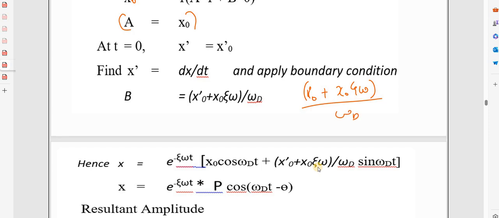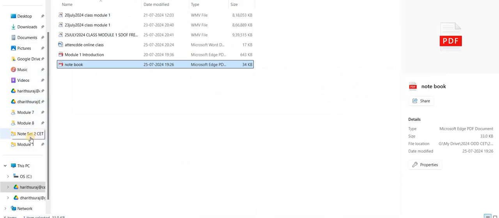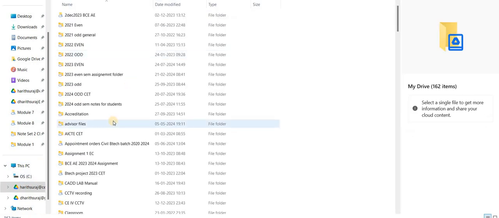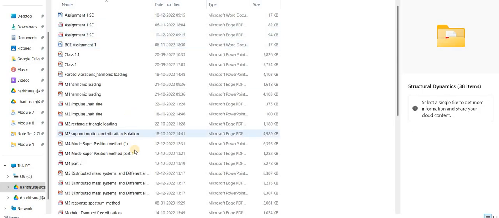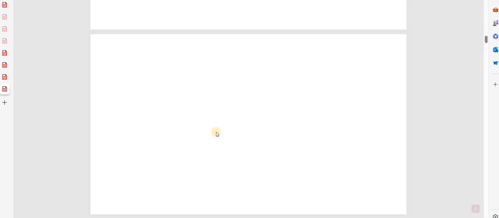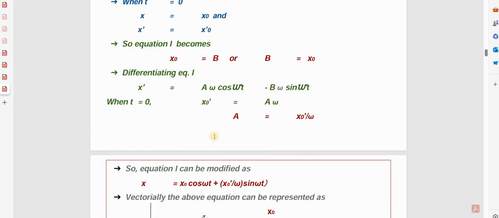So this is similar to what we discussed in the last class. Let me take that also. This was the last class which we have discussed.